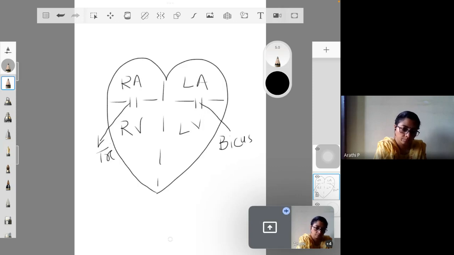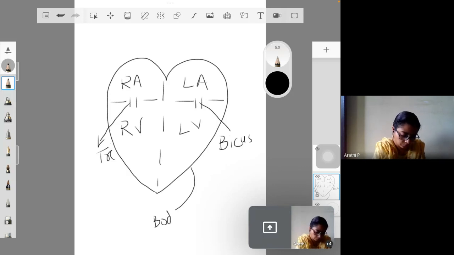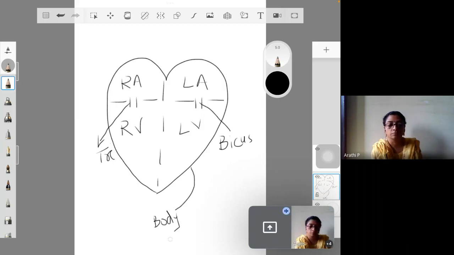Now, let us say from left ventricle the blood is going. It will go to the entire body. When it is going to the entire body, it is oxygenated. It is filled with oxygen. That is why mostly when we draw the left side, it is red in color because it is oxygenated blood carrier.